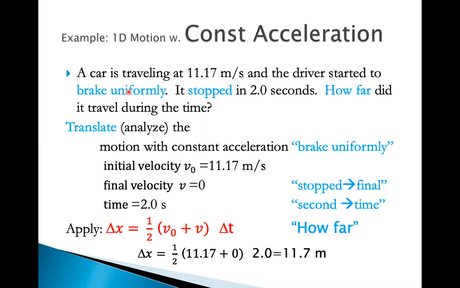That means it's a constant acceleration motion. So that tells us the type of motion. Stopped means the final velocity is 0. 2.0 seconds. How do I know that's time? Because seconds is the unit for time, so that can only be time. It cannot be velocity. How far did it travel? How far translates into displacement.